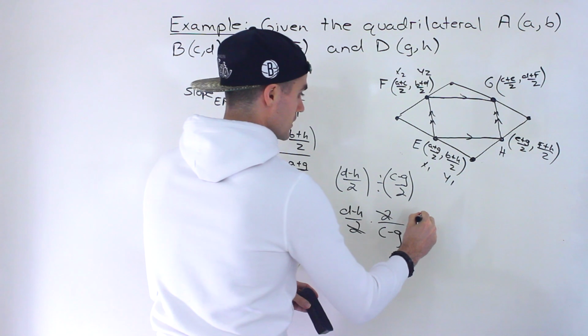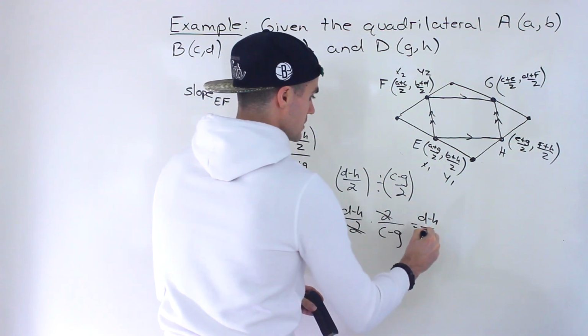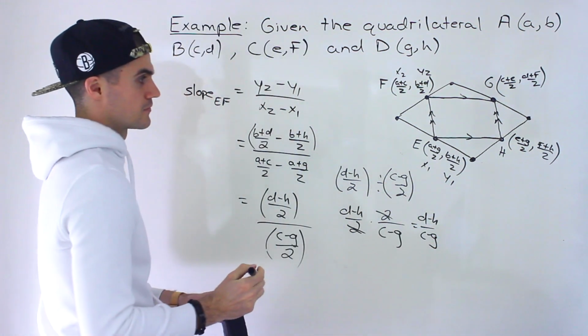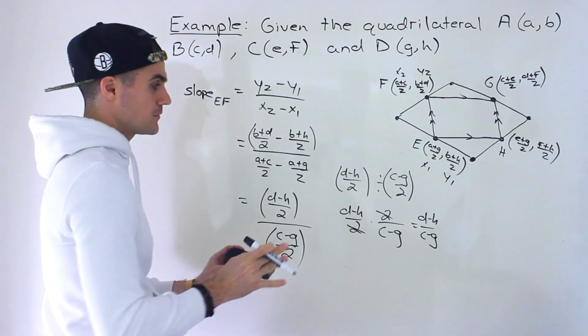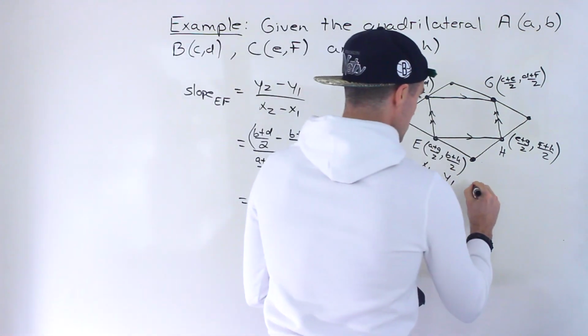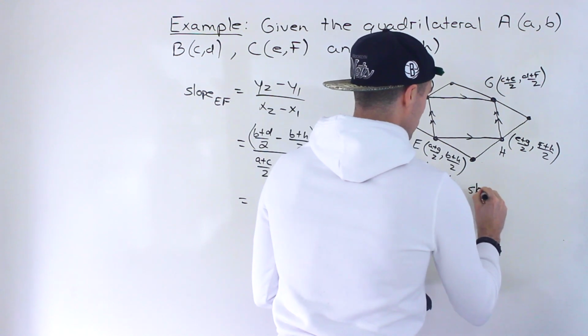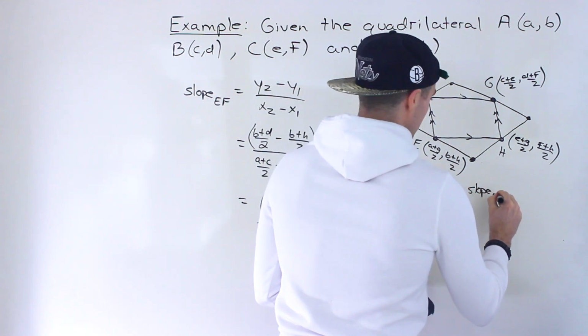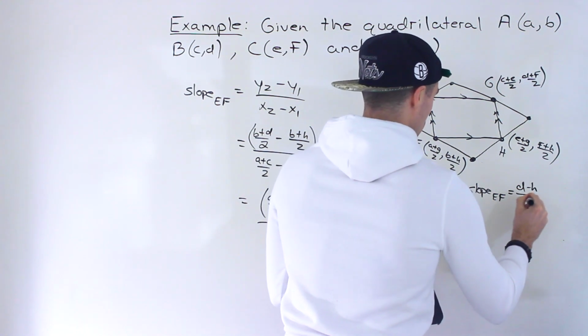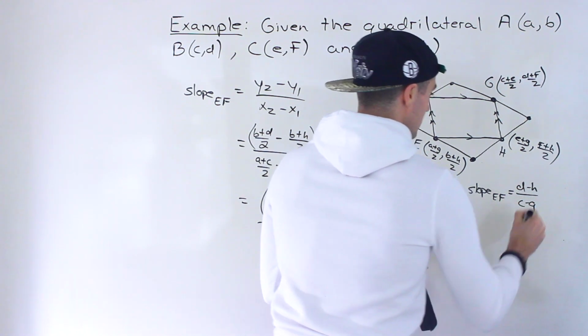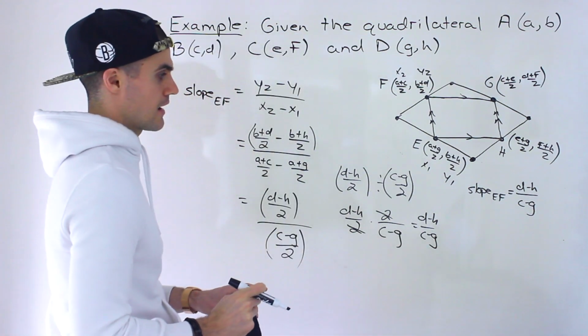Multiply both of these, we end up with d minus h over c minus g, like that. Right, so lots of algebra here. But nevertheless, the slope, let's keep track of it over here, of EF is equal to d minus h over c minus g, like that.